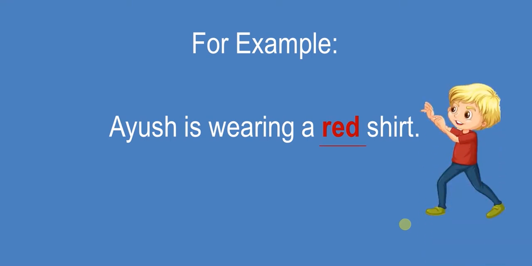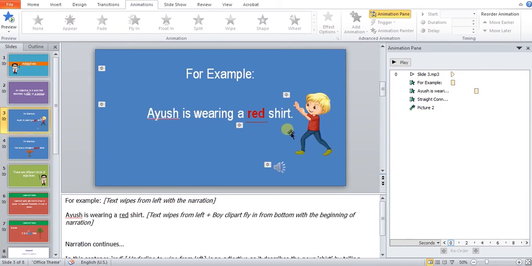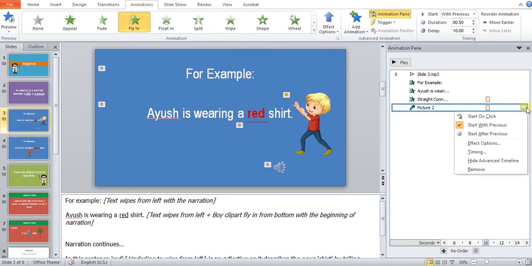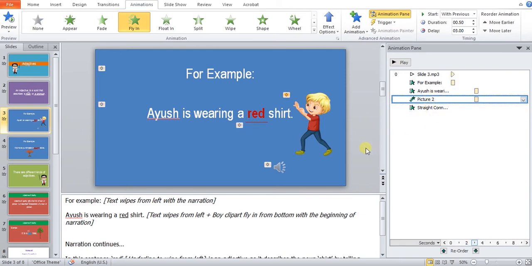So at the moment the boy is coming with this red line there because it is under that line, and we have set it to start with previous. So we need to move this boy's animation so that it starts with the sentence "Ayush is wearing a red shirt." So that is how we move and arrange the animations using the animation pane.